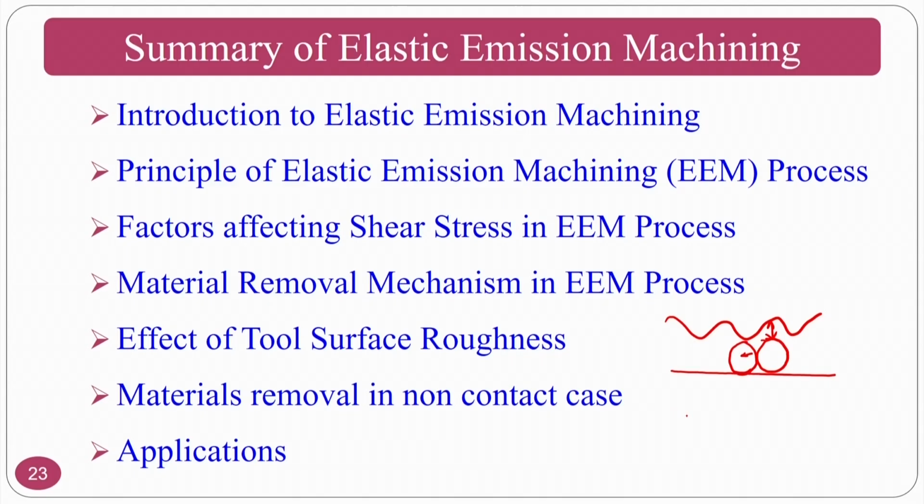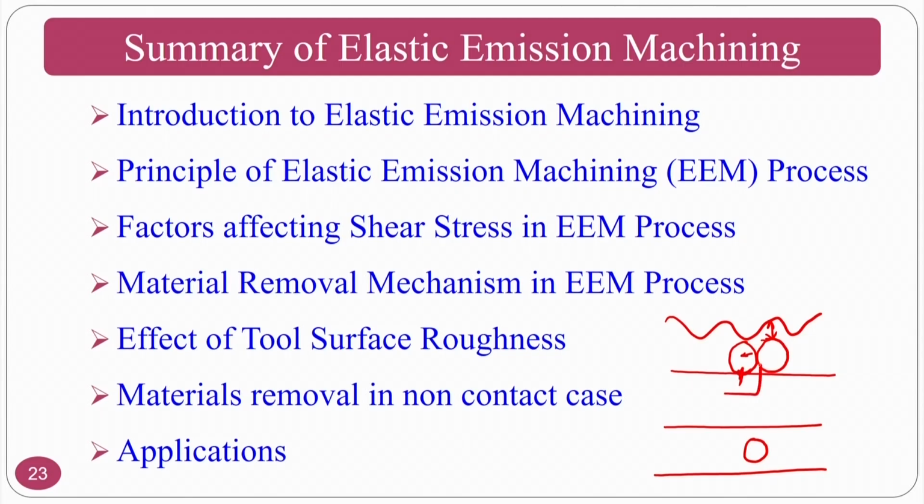If you have a smooth surface like this and you have a particle size like this, there won't be any interaction. For that purpose, the surface roughness of the tool plays a major role in determining the surface roughness of the workpiece. If the surface roughness is poor, what will happen? In some places it can scratch the surface.